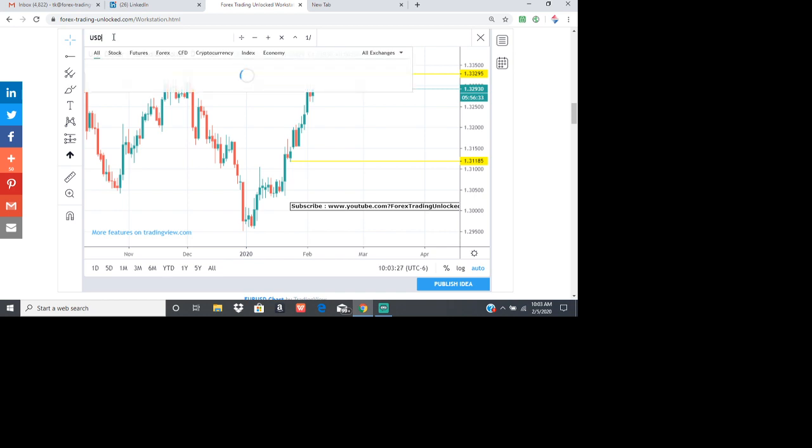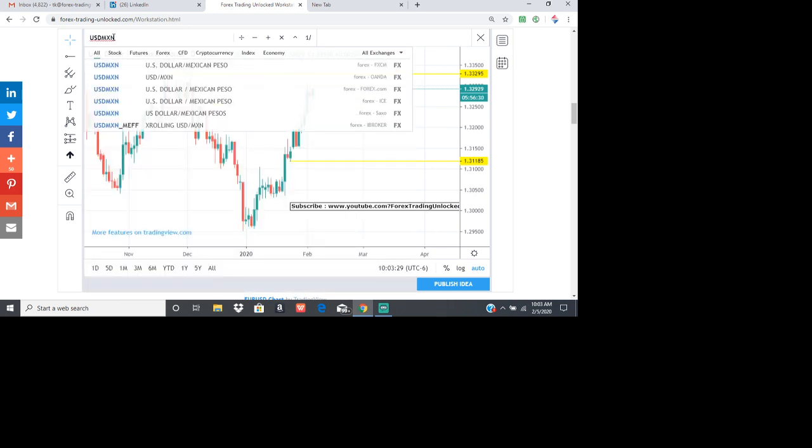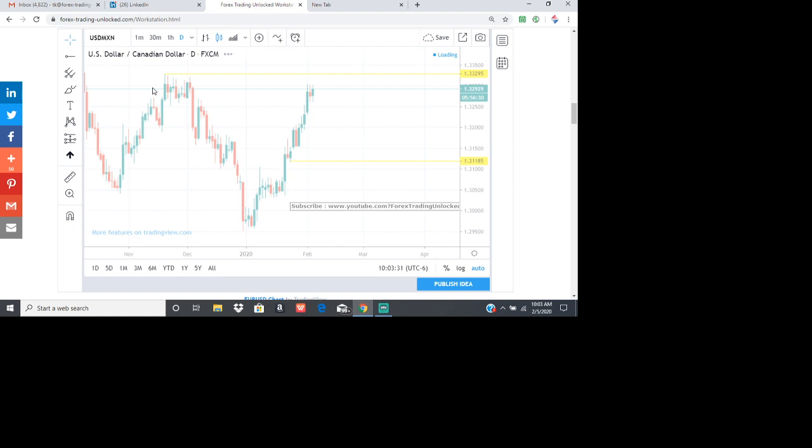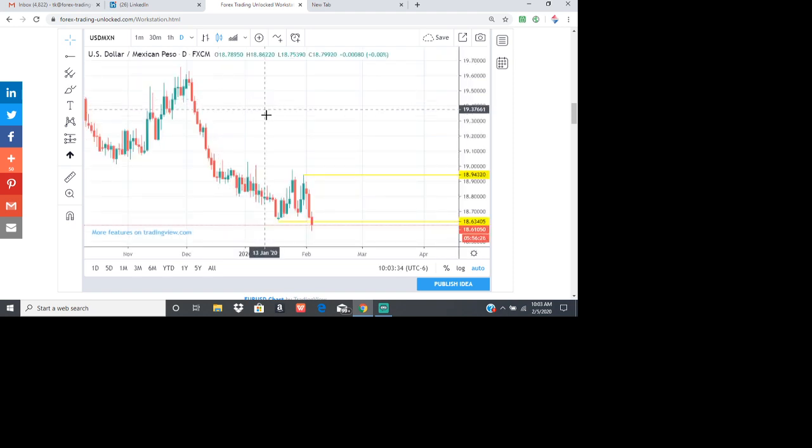Now of all the markets in the world that are gaining strength versus the dollar, there's always a counter trend trade. Look at this, the U.S. dollar Mexican peso trade. I guess they really want to make spring break expensive for Americans coming up in the next couple months for the college kids.